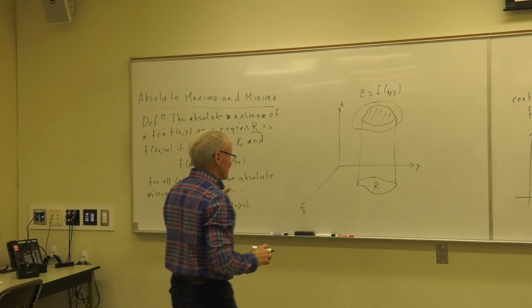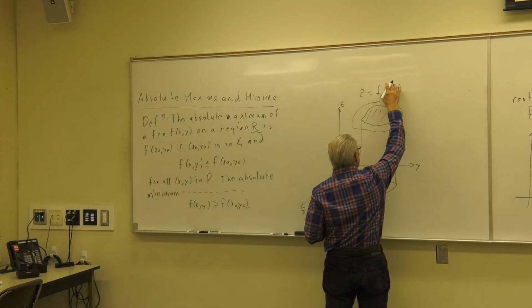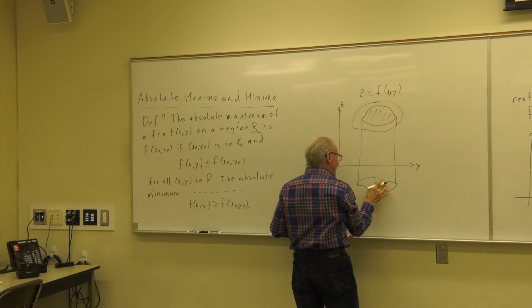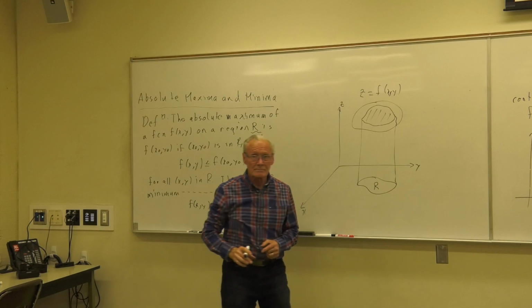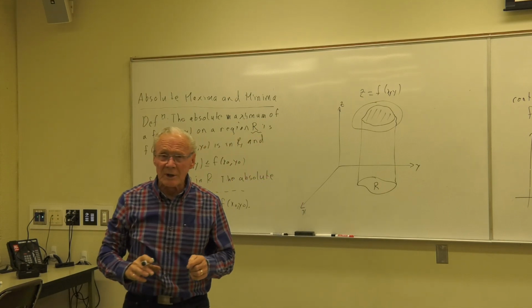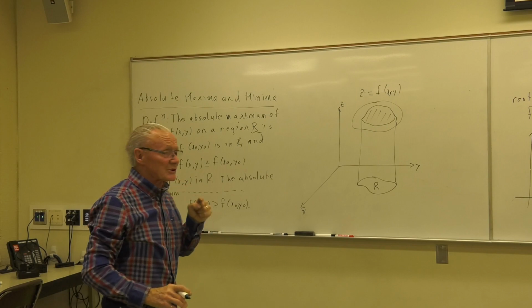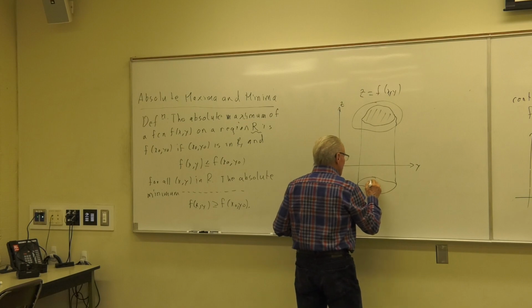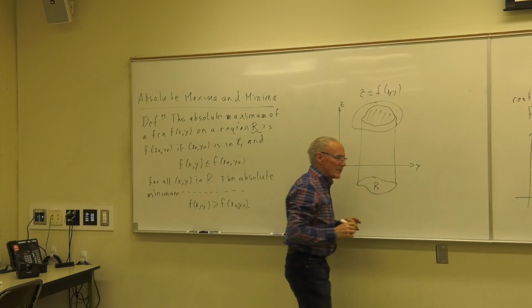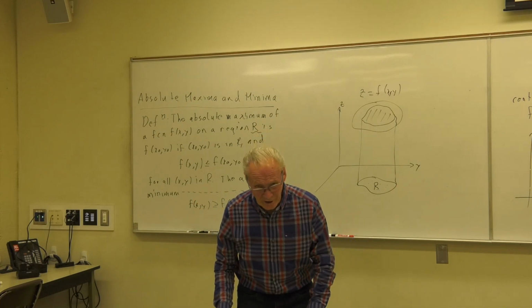And so we're going to search for the absolute max of this function, taking into account all the points in this closed region. And it is true, but much more difficult to prove than in first year, that those maxes and mins must occur either at critical points inside the region or on the boundary.